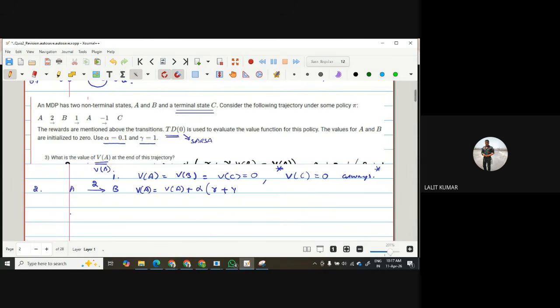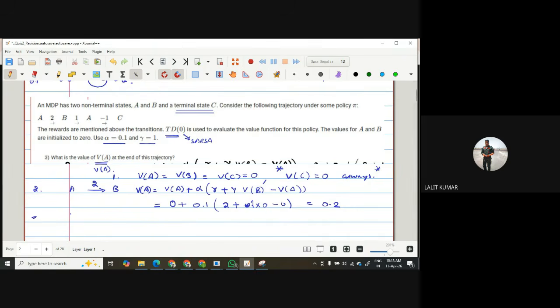Now plug in the current values: 0 + 0.1 * (2 + 1 * 0 - 0). So this becomes 0.2. Okay.